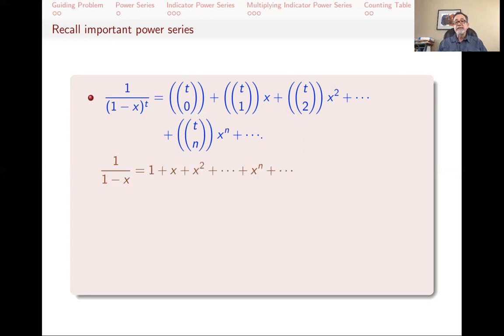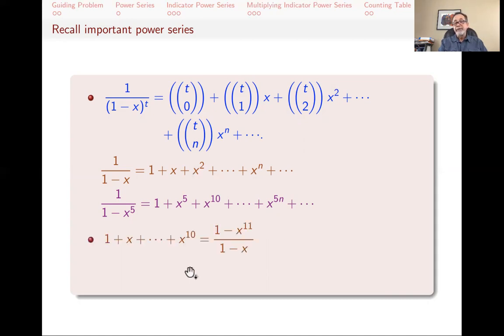A special case of this is 1 over 1 minus x, which is the closed form for the geometric series, and we can get things from that by, for example, plugging in x to the fifth for x. Wherever we have x, we put x to the fifth, and we get the closed form for 1 plus x to the fifth plus x to the 10th plus x to the 15th and so on.